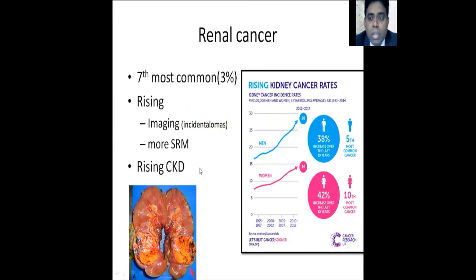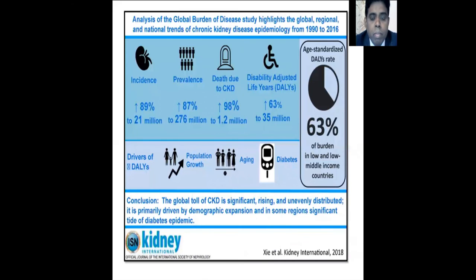At the same time, the incidence of chronic kidney disease is rising worldwide. This is data from Kidney International that indicates almost a 100% increase in the incidence of chronic kidney disease from 1990 to 2016.